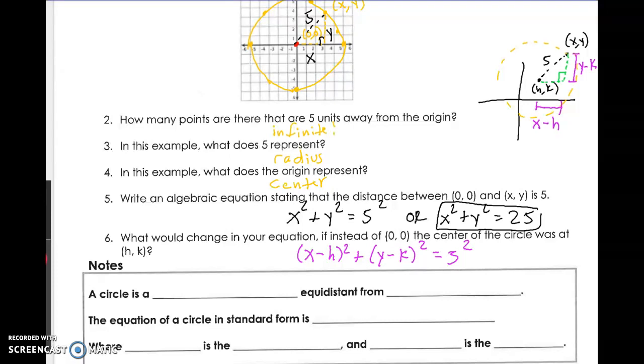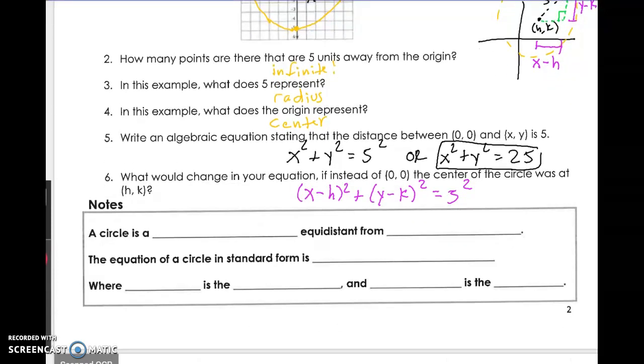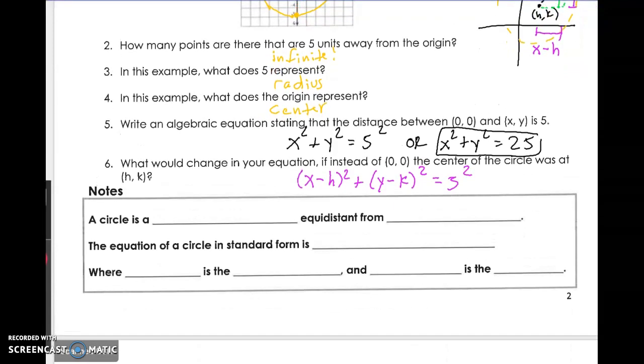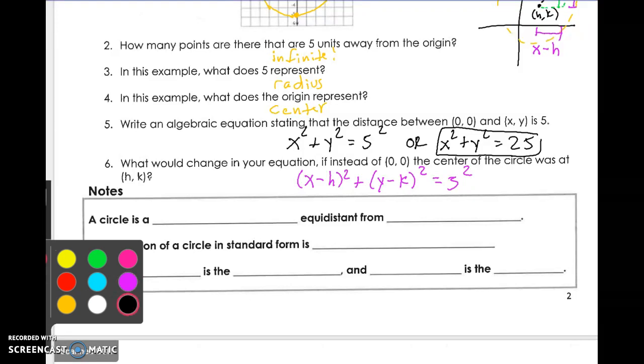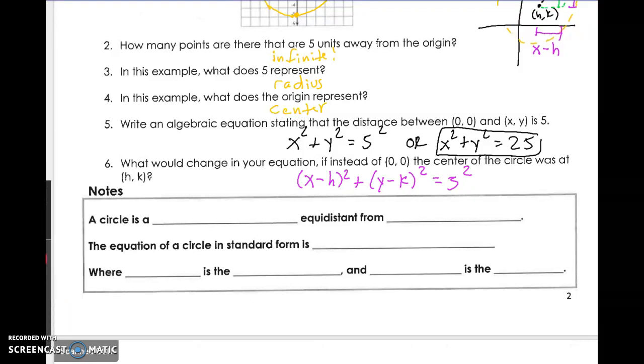So now we're going to write down kind of a summary of what we've just discovered. A circle is a set of points that are equidistant from a center. Hopefully that makes sense.